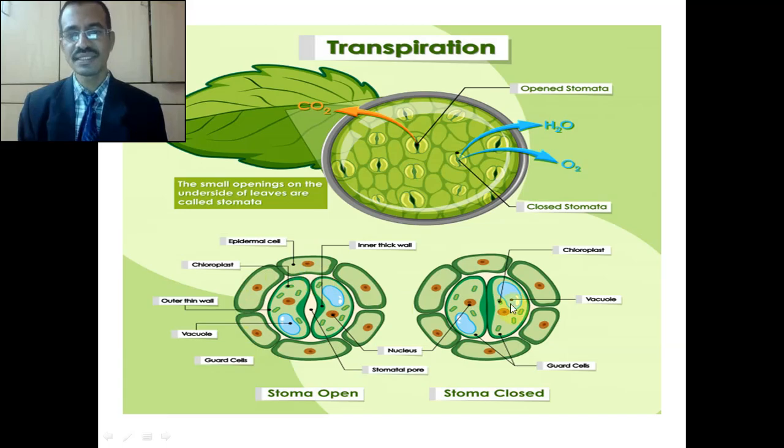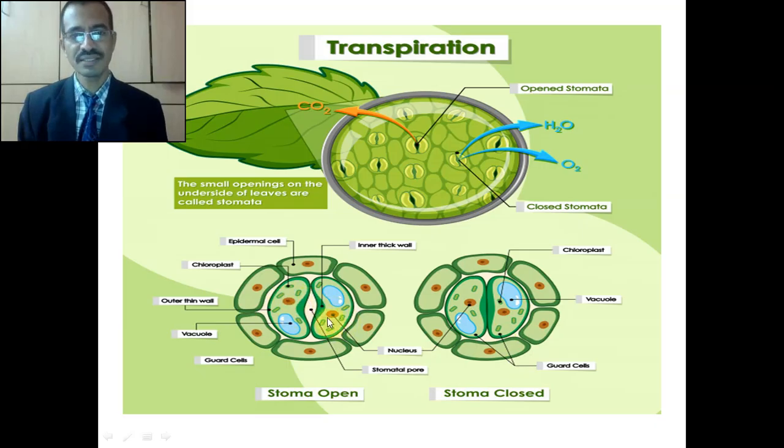So now this is the closed form. It appears closed. Usually in the daytime stomata are open and in the nighttime stomata are closed. You see in the structure of the guard cells we can also find the chloroplasts.